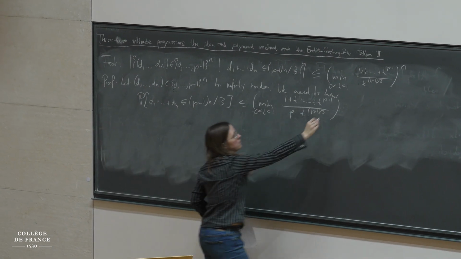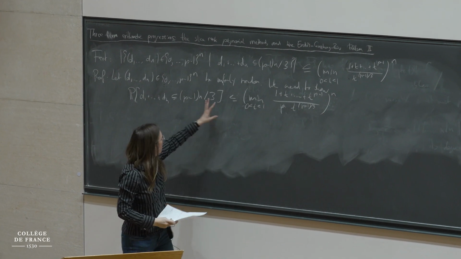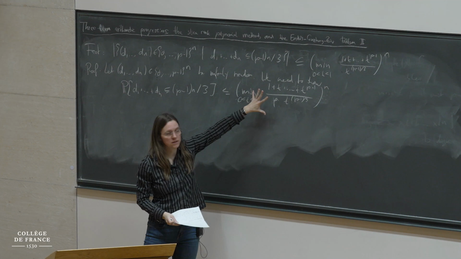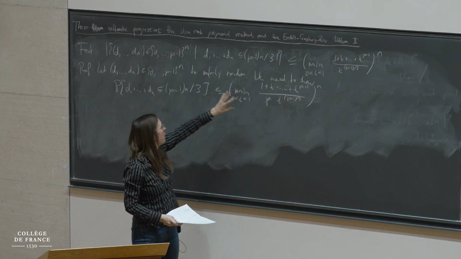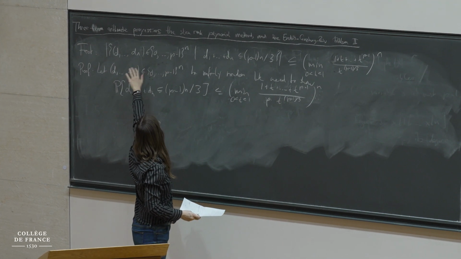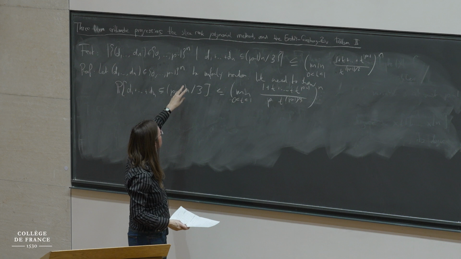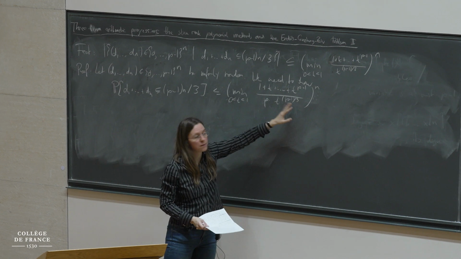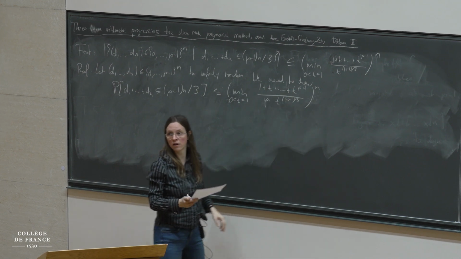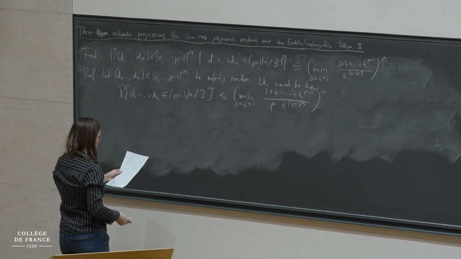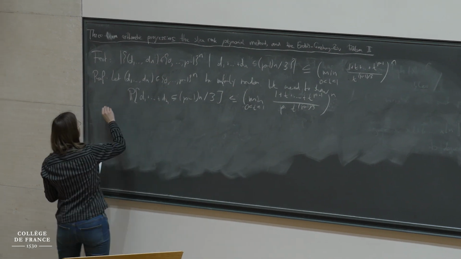So if we can show that the probability of having this is at most this, then the total number of tuples d1 to dn satisfying this is at most p to the n times this number. So we need to show this. Okay, so indeed.